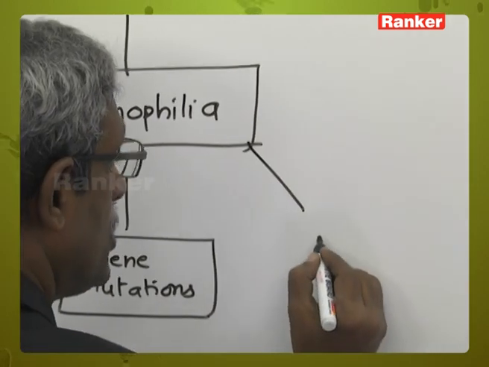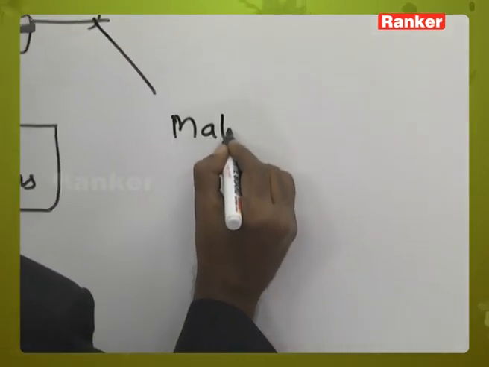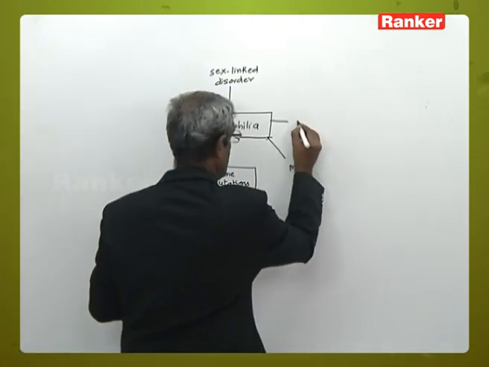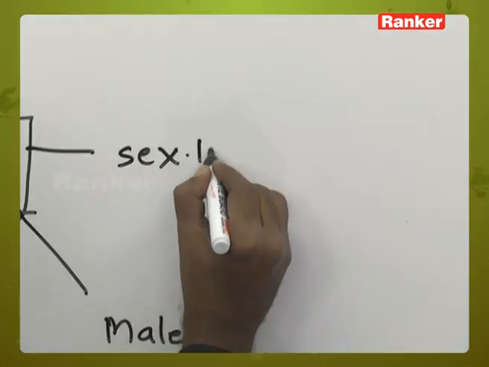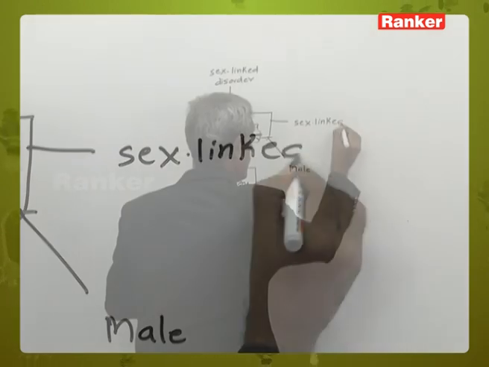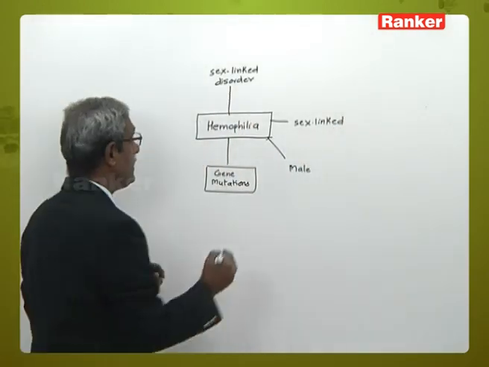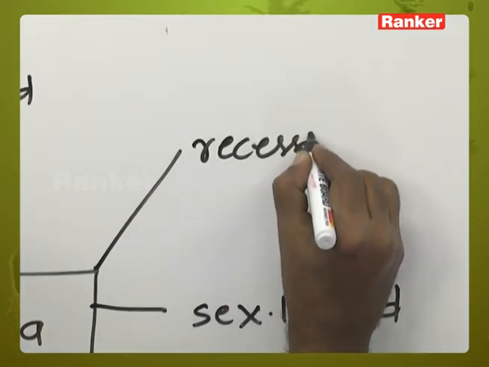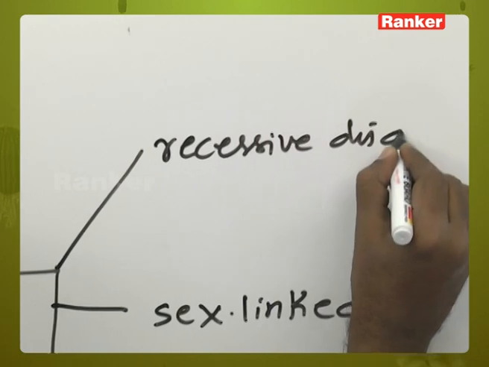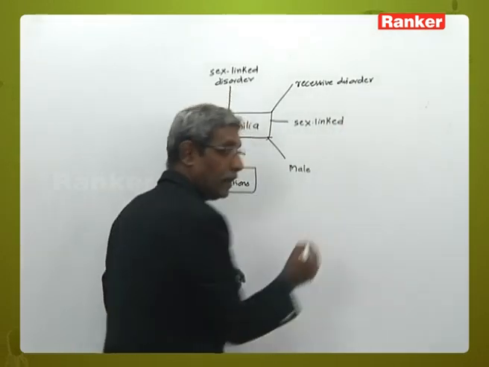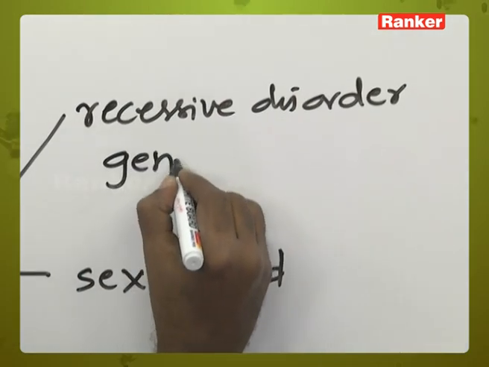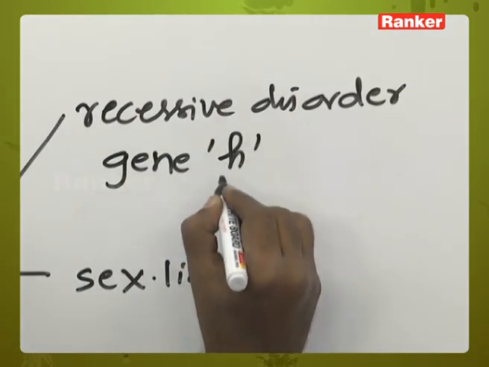Hemophilia is a disease which normally occurs in males. It is sex-linked, and it is a recessive disorder. A recessive disorder is due to the presence of a gene, small h.